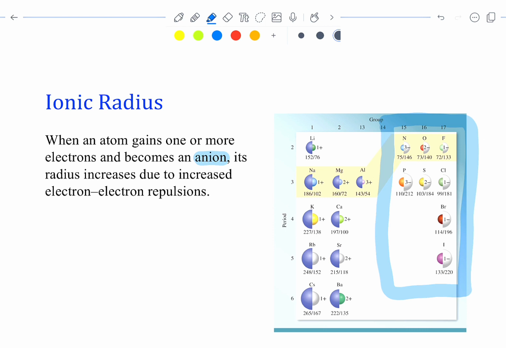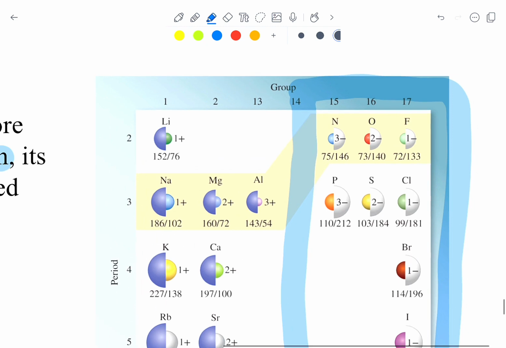We're putting electrons into that outermost shell, and they're repelling each other more because they don't like each other, okay? So we see here, again, we have our neutral side and our ionic side. The neutral radius is smaller than the ionic radius. So it's the opposite of what we were just seeing with the cation. As we add more electrons, our radius is going to increase.